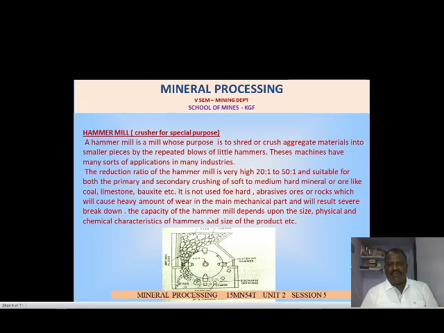The capacity of the hammer mill depends upon the size, physical and chemical character of the hammers and the size of the product. Now you can see the diagram of the hammer mill. This is the hammer, this is the discharge point, this is the feed area.